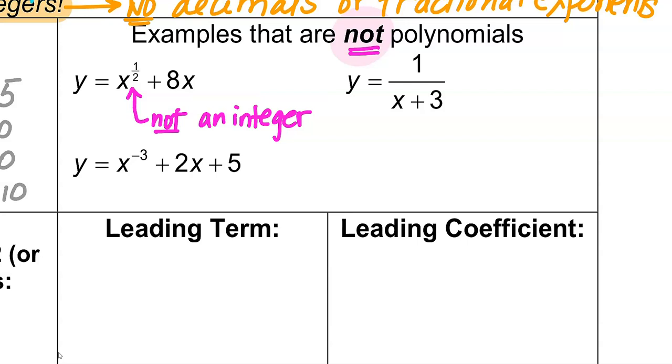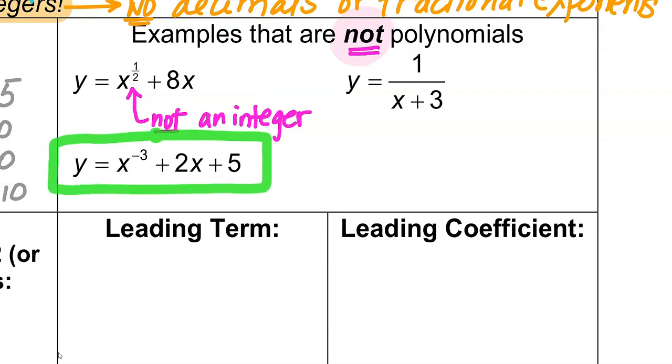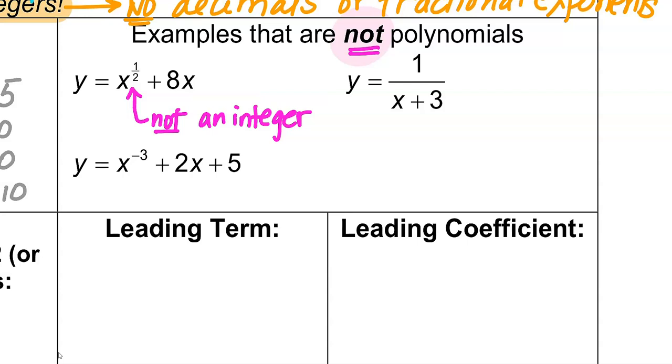I'm going to do the one below it now. Let's go to that one. This one here, why is this one not a polynomial? Okay, we have a negative exponent, an exponent that's a negative. Okay, exponent is not non-negative.